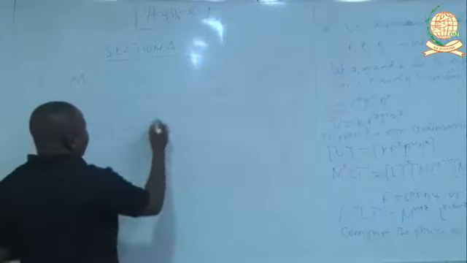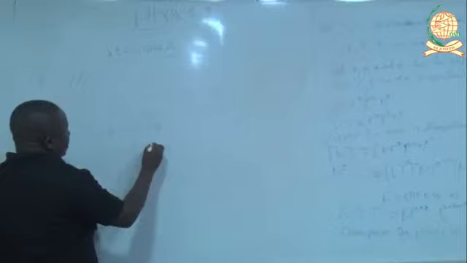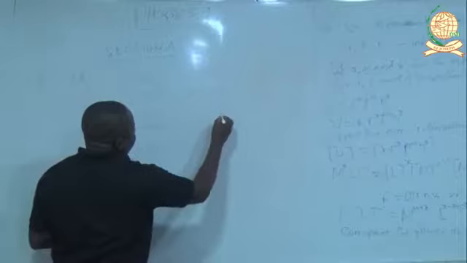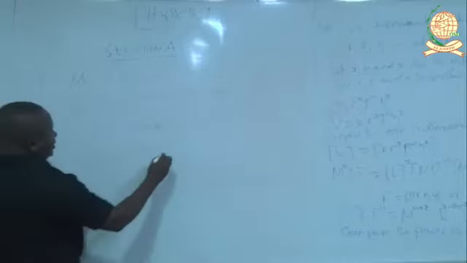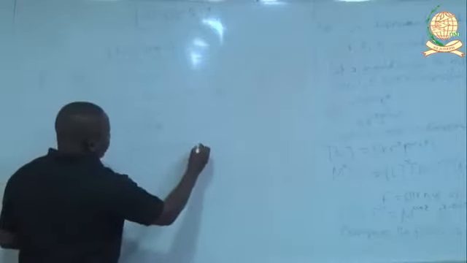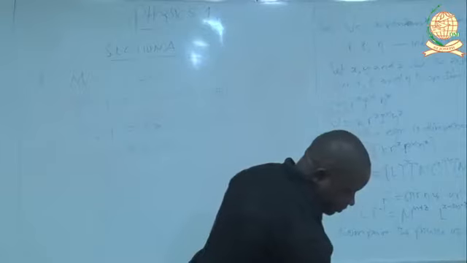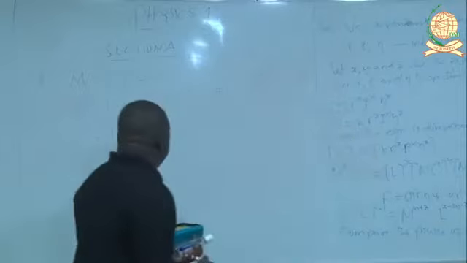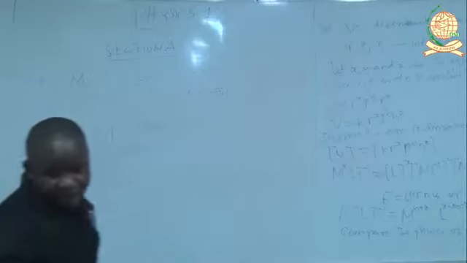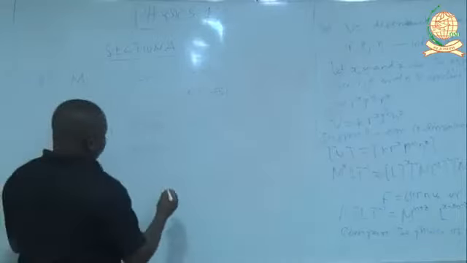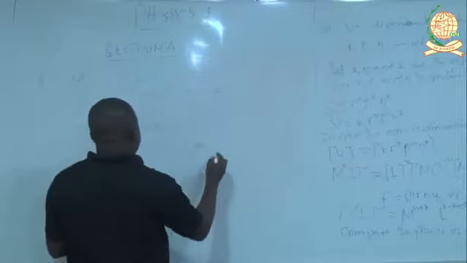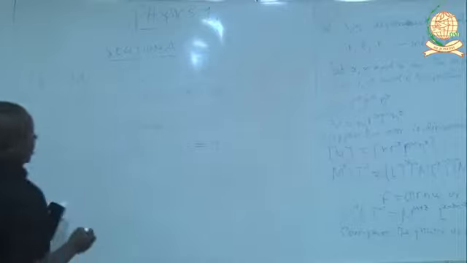So solving these equations simultaneously, the value of z equals 1 from the third equation. Substituting this value of z in the first equation, you get y equals negative 1.